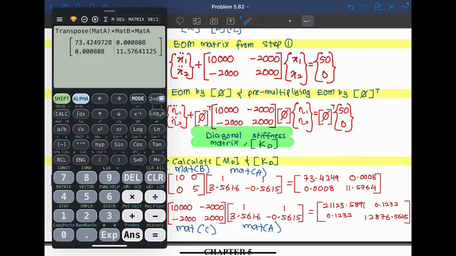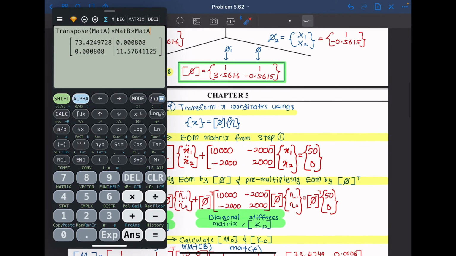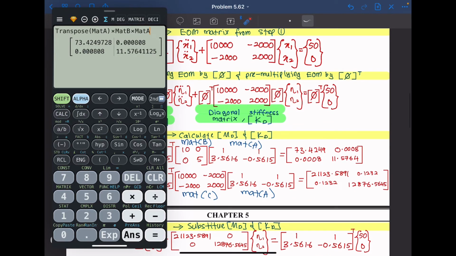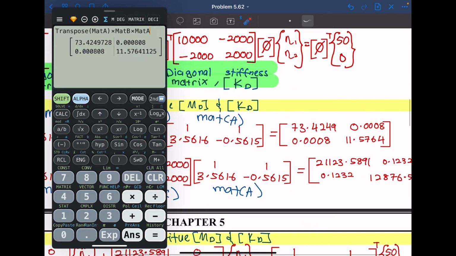What I mean by that is we used the values in terms of decimals, and the decimal numbers are very long, like 0.5615, and there's something at the back. So that's why the value is not accurate. It is actually supposed to get 0 over here. I'm going to show you later how we can get exactly 0.